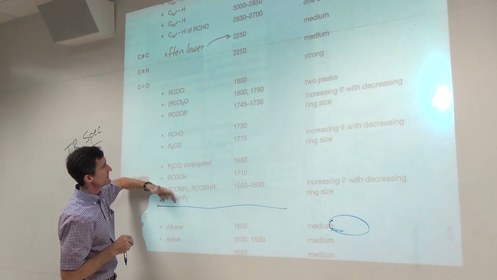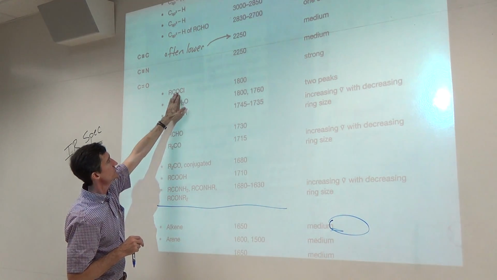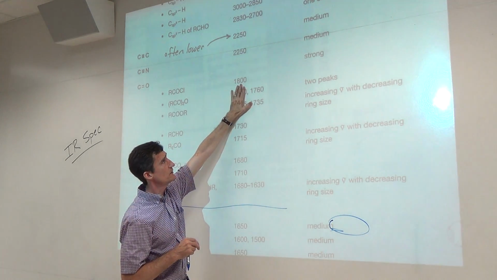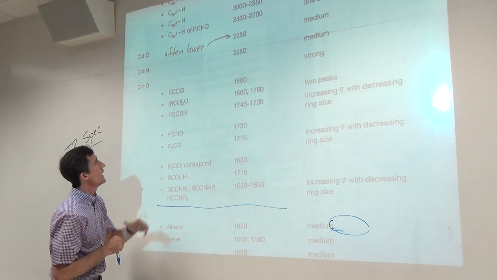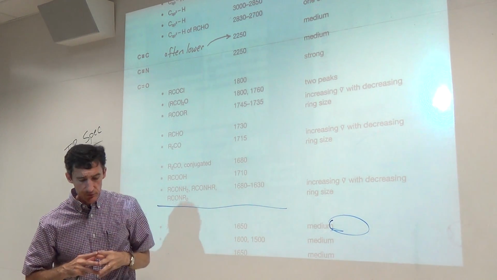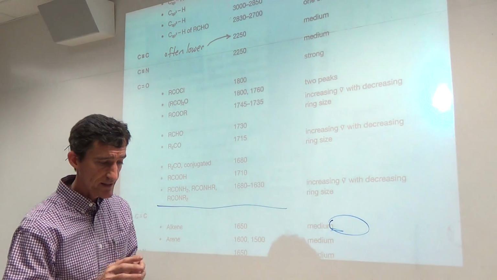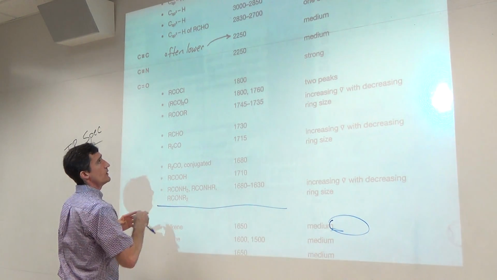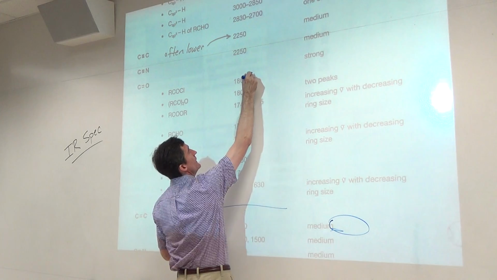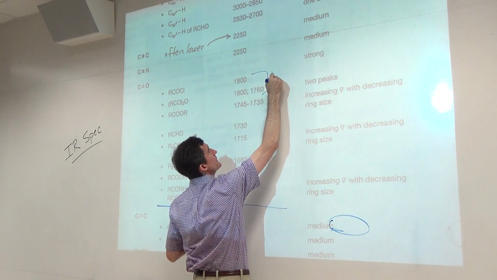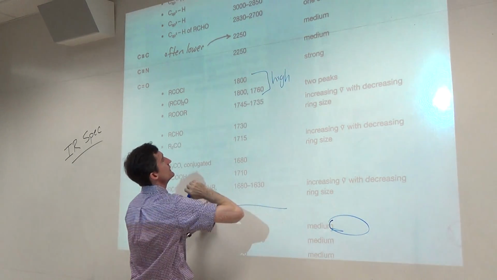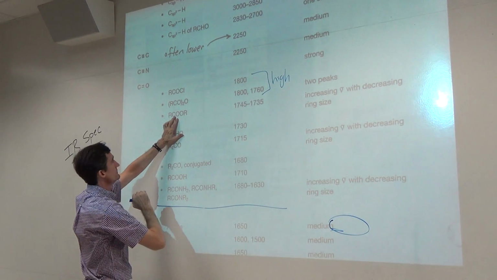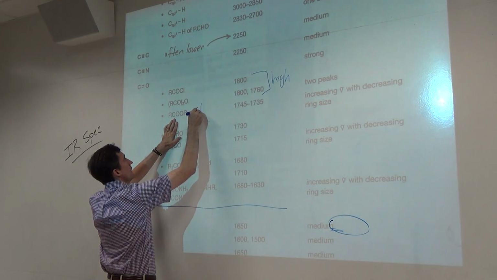I may or may not spend much time here. Your acid chlorides tend to be high carbonyls at about 1800. A number of these different carbonyls I cover in Organic 2, and we look at them in more detail, their exact positioning. We have some that are high. These are kind of high carbonyls. Your ester, that is an ester.